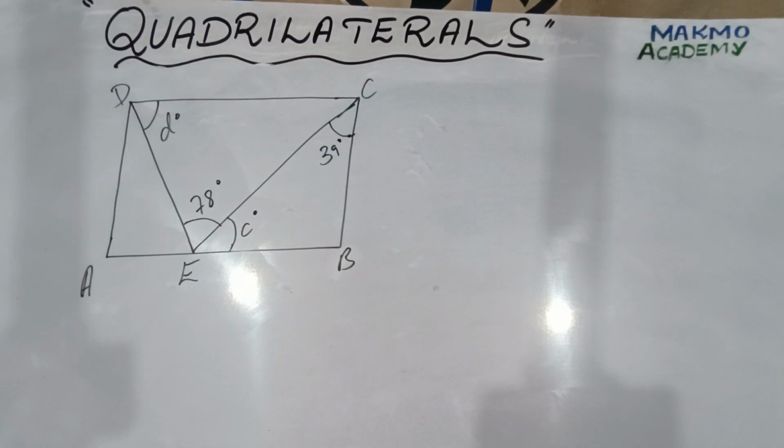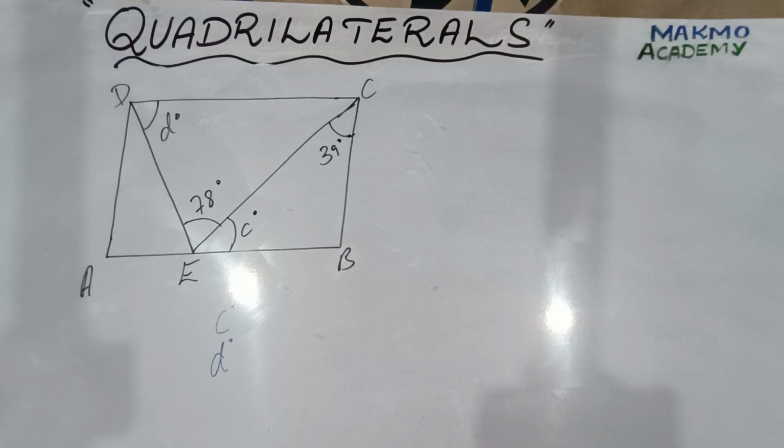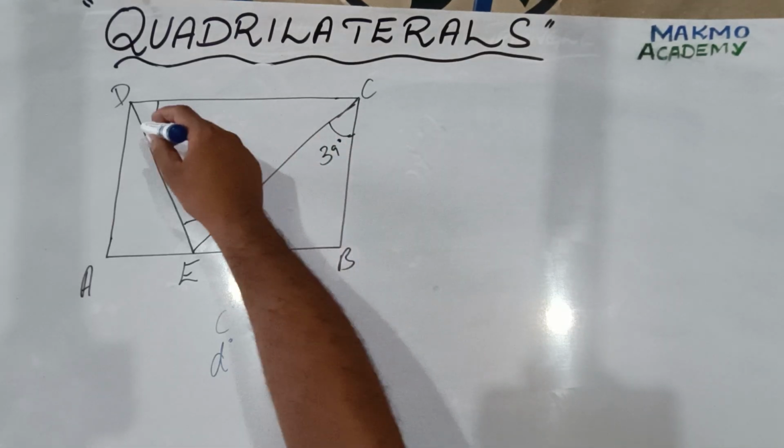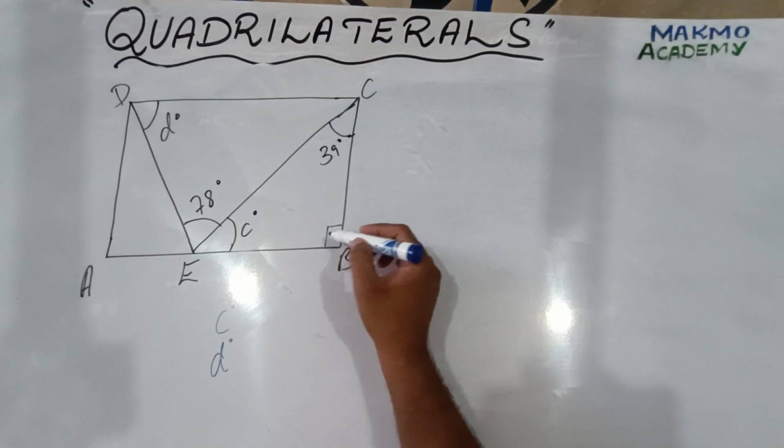Now we have another problem related to a rectangle. Again the figure is a rectangle and we need to find the unknowns C and D. There are three triangles: one triangle, second triangle and the third triangle. To find C, we know this angle is 90 degrees.